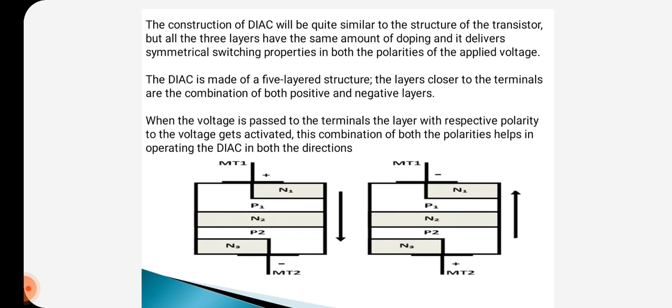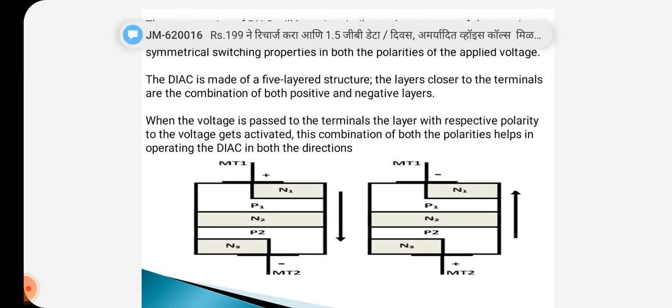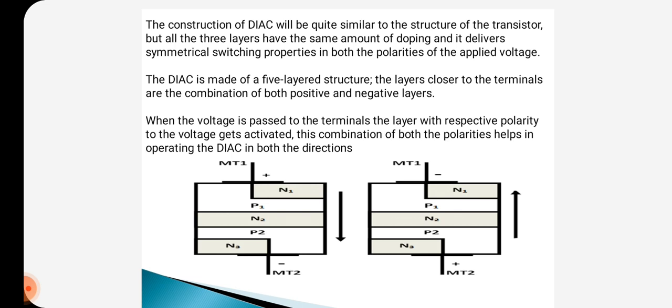This is the constructional diagram of DIAC. The construction of DIAC is quite similar to the structure of the transistor, but all the three layers have the same amount of doping and it delivers symmetrical switching properties in both the polarities of the applied voltage. The DIAC is made of a 5 layered structure.